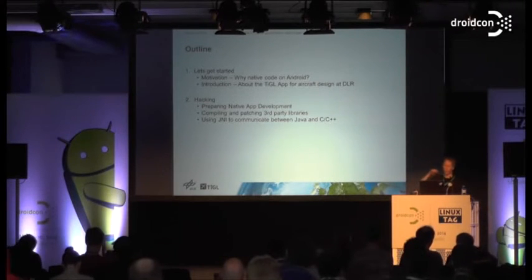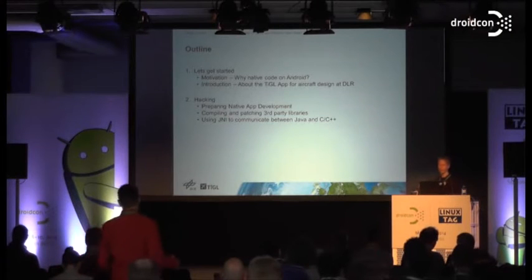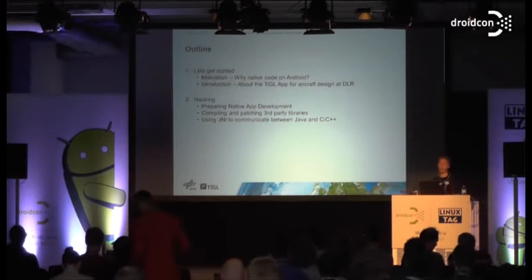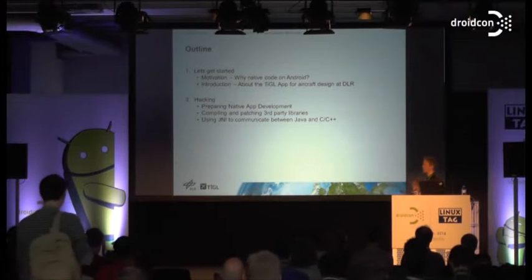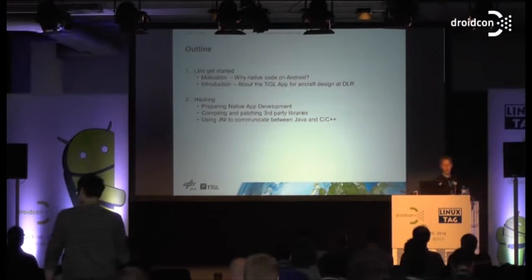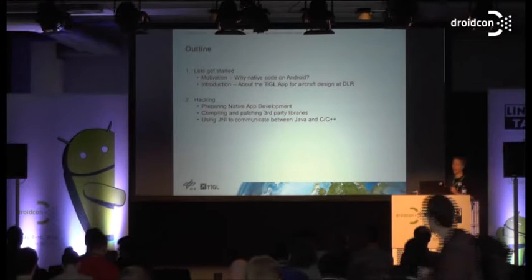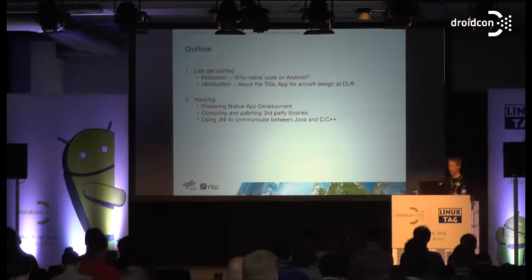So you have preparation steps, all these steps in compiling third-party libraries and patching your code, and how to use the Java Native Interface to communicate between the Java world and the C++ world. And I'm also doing some coding. I hope you won't be bored with this coding stuff.